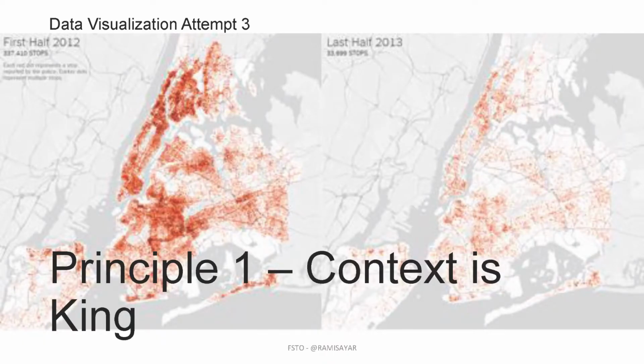Here's an example of the first half of 2012, when this policy was still in effect, and then the last half of 2013 after it had stopped. But for some reason it had stopped in places where it was very visible, like Manhattan and some of the other areas, but it was still going on in other places, right? Just far away from where journalists would see this or when people were complaining.